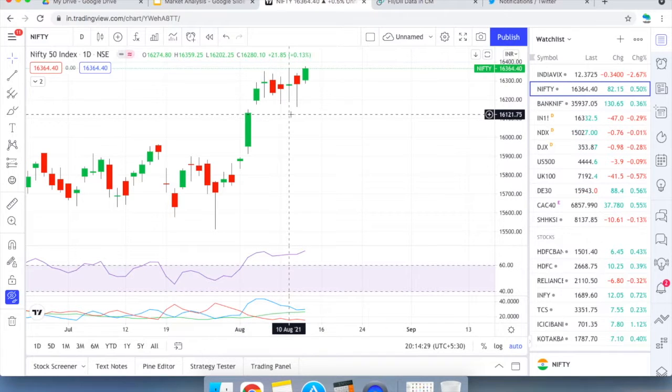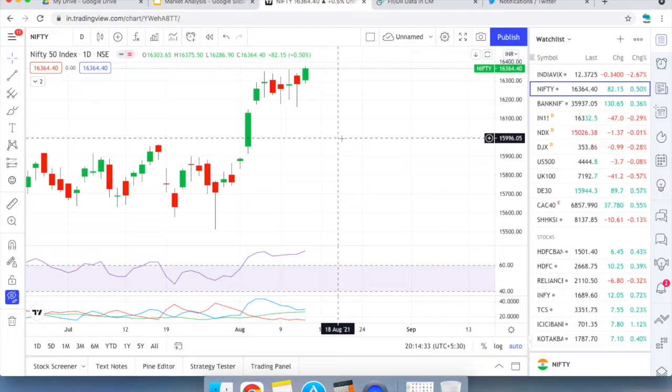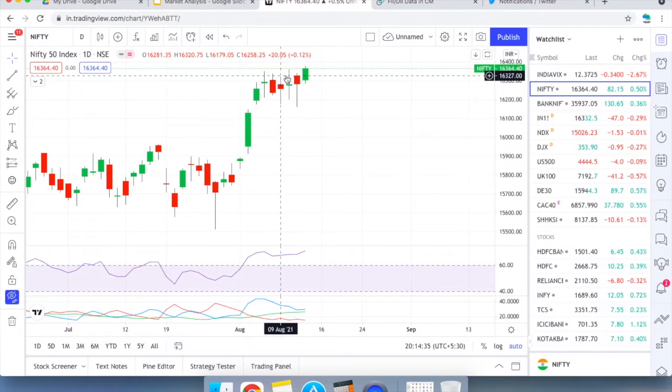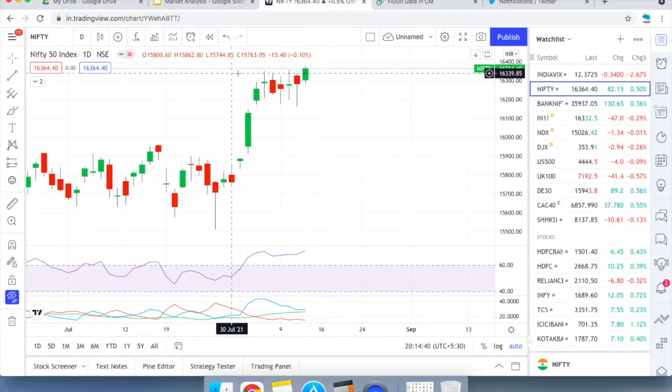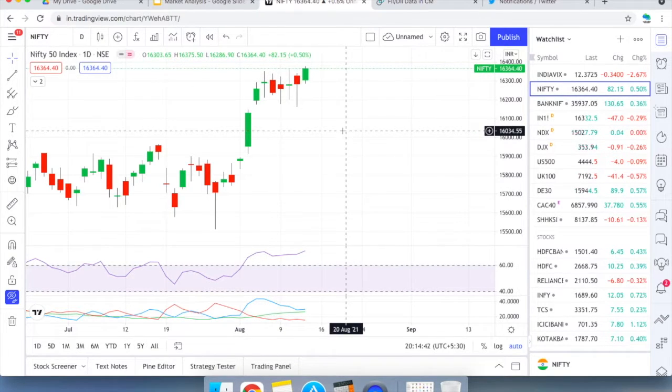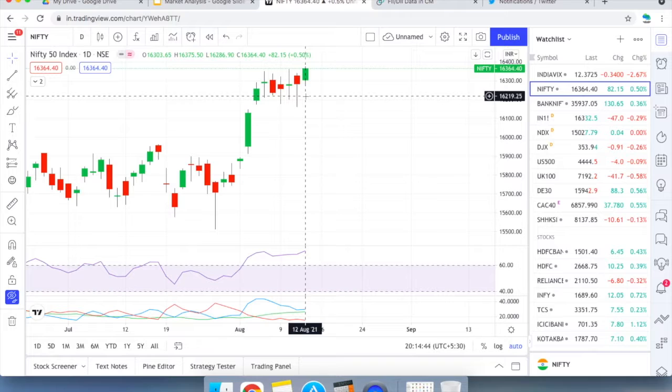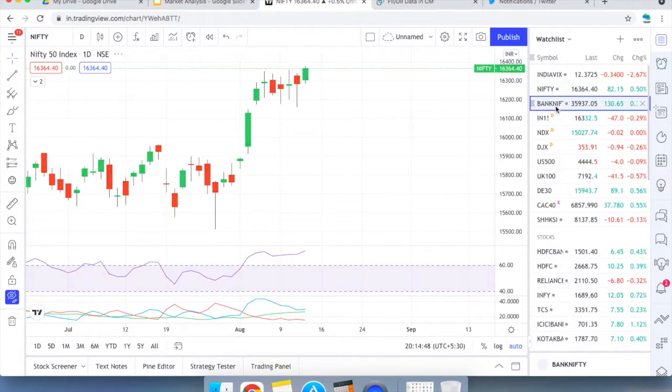In that 5 days, two green candles were there, but they were dodgy and indecisive. So it is kind of a consolidation breakout that has happened, but it has not closed above the previous candles, but it's clearly a breakout that has happened on Nifty. So green, clear. That is what you see in the Nifty.